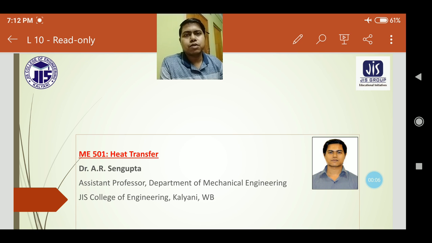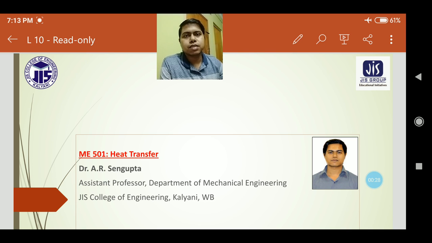So earlier, while discussing the theory part of this module, conduction, we have discussed the heat transfer through extended surfaces or fin. There we have discussed the concept of fin heat transfer, the different types of fin, their uses, their application.